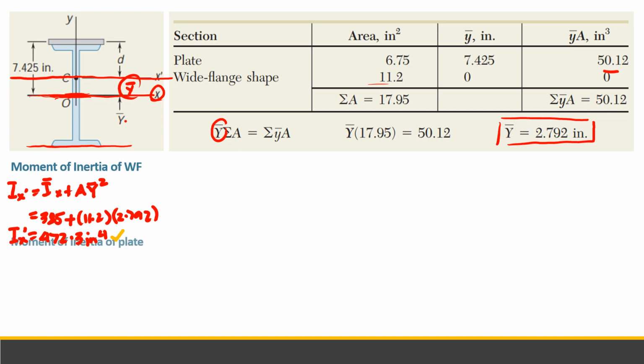Ix prime. So for the moment of inertia ng plate natin, so for the plate naman, with respect to the centroid ng composite area is the I bar x plus A, which is distance natin is yung d, A d squared.